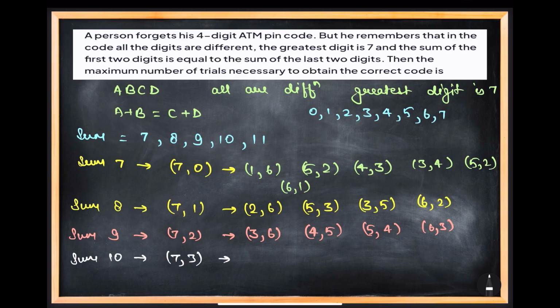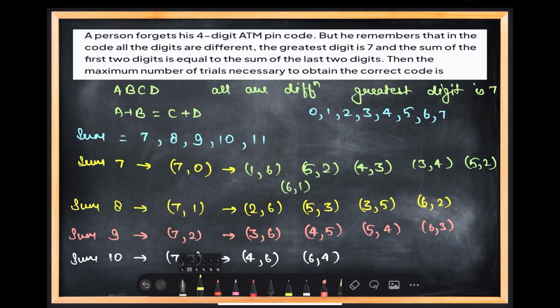So 7, 3. Can we go with 4 and 6, 10? And you cannot go with 5 and 5. No other cases are allowed. Okay, so we can go with 6 and 4, correct?